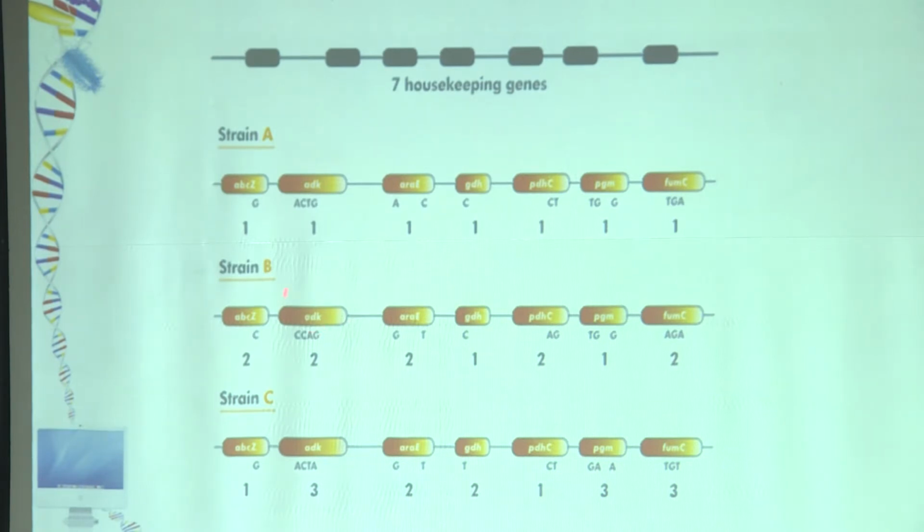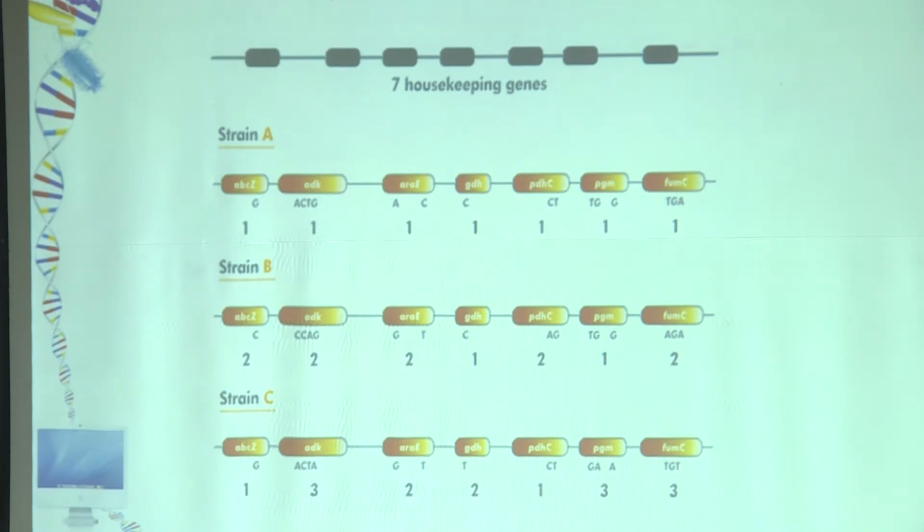Now move on to strain B. For the same gene, they found CCAG. They give the number 2, and strain C takes the number 3. So likewise, the nucleotide variation at a single base pair level, or 2 nucleotide level, or 3 nucleotide level, or even 4 nucleotide level, is assessed and the numbers are assigned.